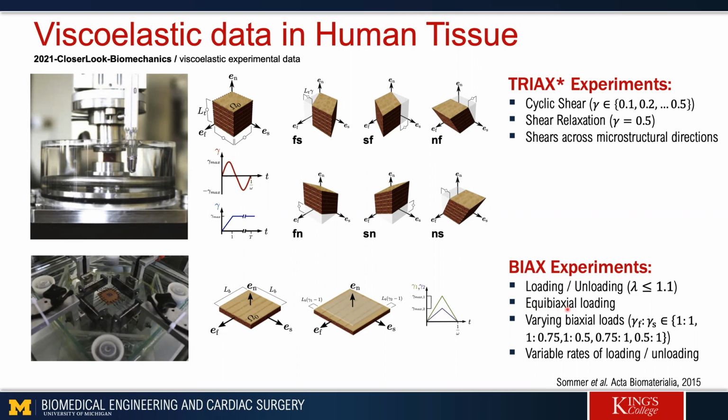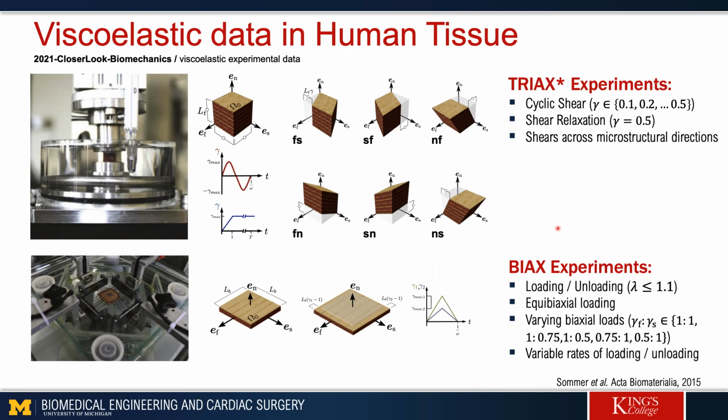They did this either equibiaxially, stretching equally in the fiber and cross-fiber direction, or they would vary the loads in the fiber or cross-fiber direction to varying degrees. They also looked at variable rates of loading and unloading, which gives you additional data to compare with.